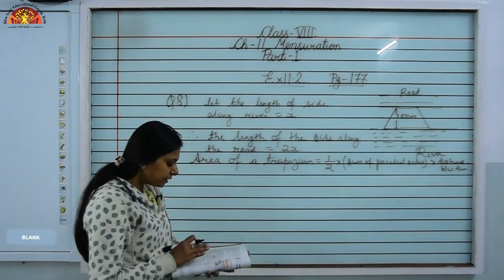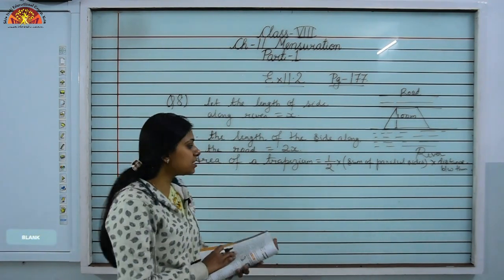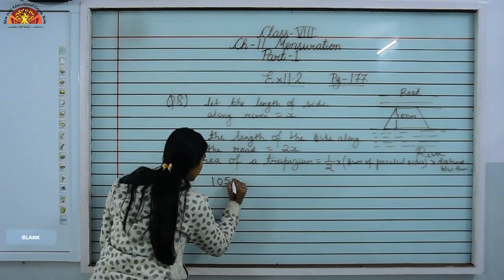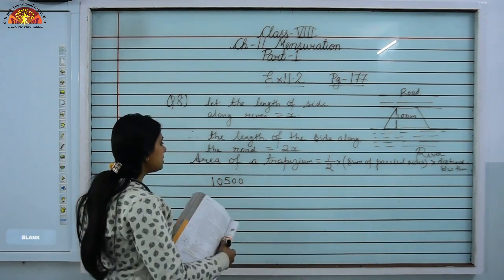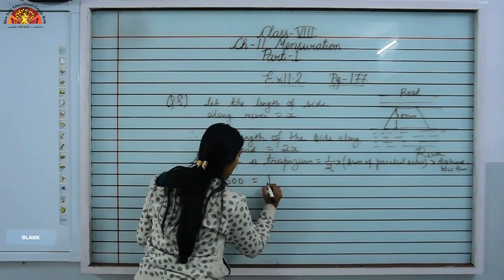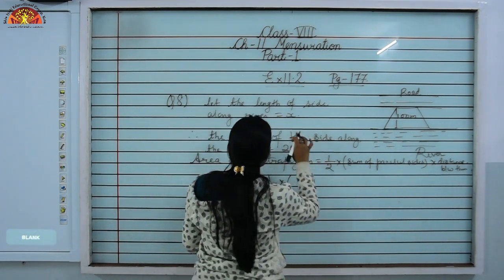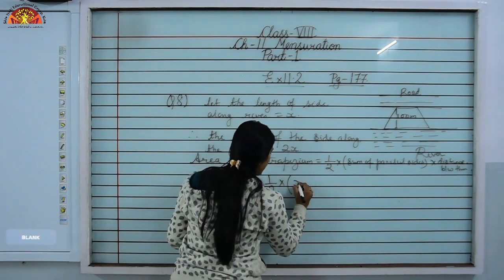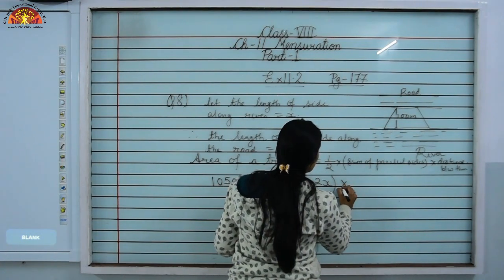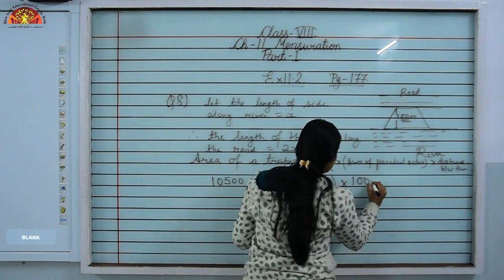It is given the area of the trapezium field is 10,500 meters square. So we can substitute the value 10,500 meter square, which is equal to half into the sum of the parallel sides. We have assumed these are x and 2x, so x plus 2x into the distance between them. What is the distance between them? It is 100 meters, so we can write here 100.